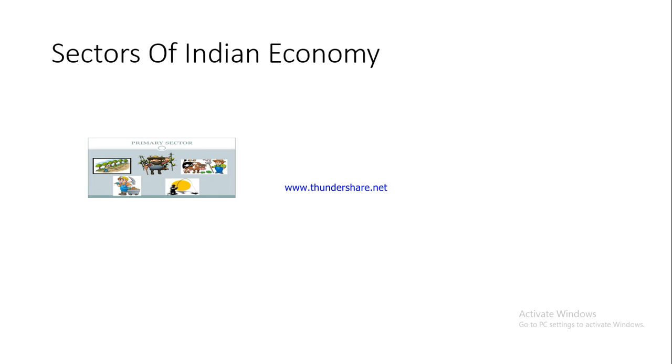Now, what do we mean by allied activities? They are closely related to agriculture. So agriculture is one activity, and then all those activities which are closely linked to agriculture are called allied activities. These could include hunting, felling of trees, logging.